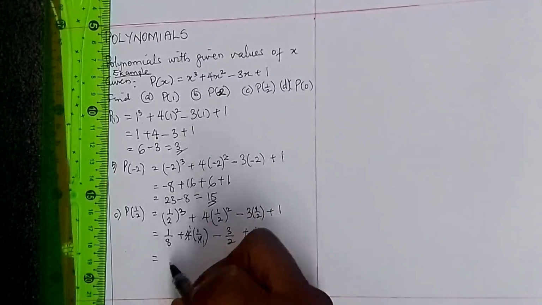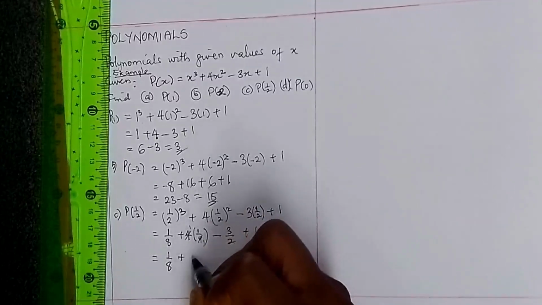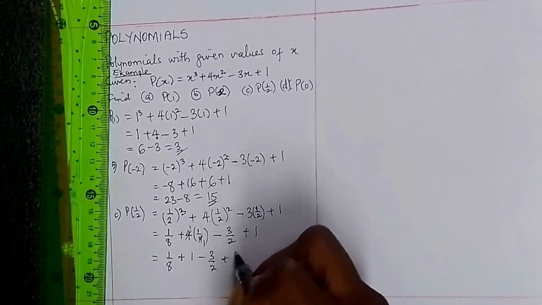So what we are left with is 1/8 plus 1 minus 3/2 plus 1.